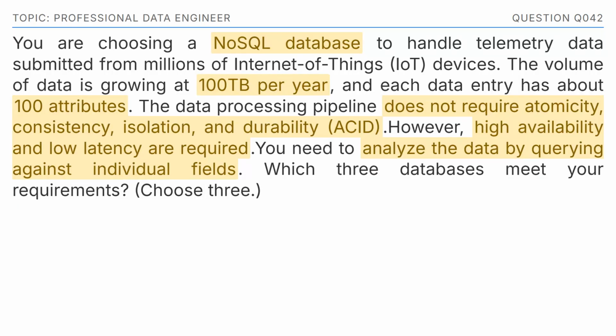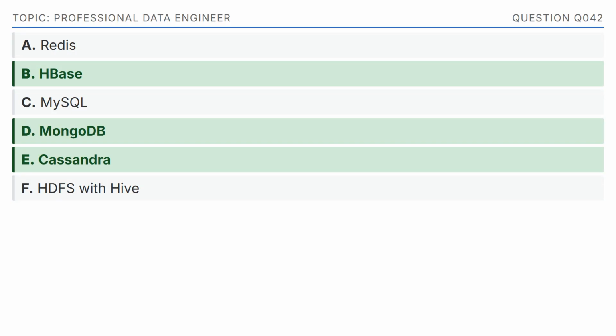To arrive at the correct answer, we focus on the keywords: NoSQL database, 100 terabytes per year, 100 attributes, does not require atomicity, consistency, isolation, and durability, ACID, high availability and low latency are required, analyze the data by querying against individual fields. The correct answers are option B, HBase, option D, MongoDB, and option E, Cassandra.